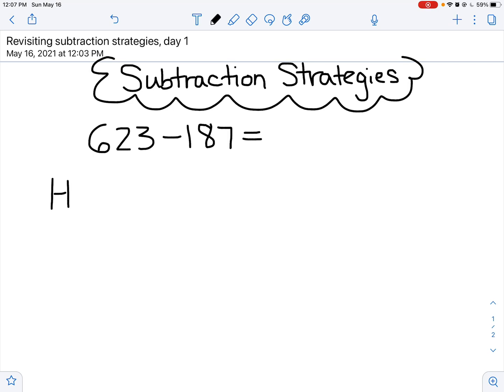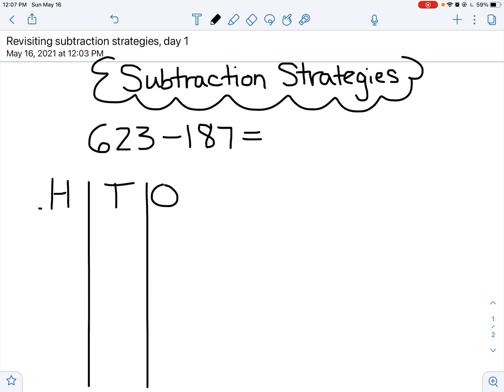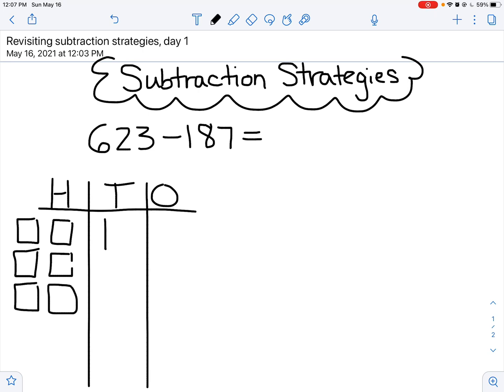So first of all, you can use your place value chart if that's what you need to do, though this is not the most efficient strategy, and I would hope that you have the opportunity to move on from this. But what we'll do is we start by showing 623. And now we go ahead and start subtracting, okay?